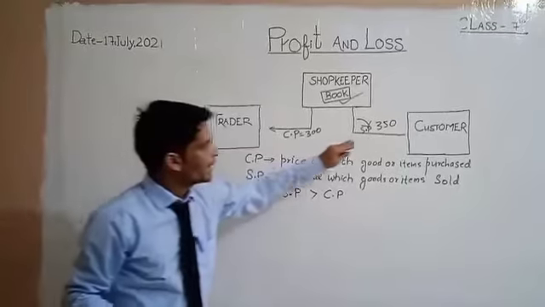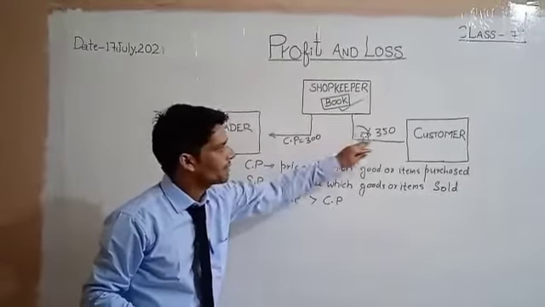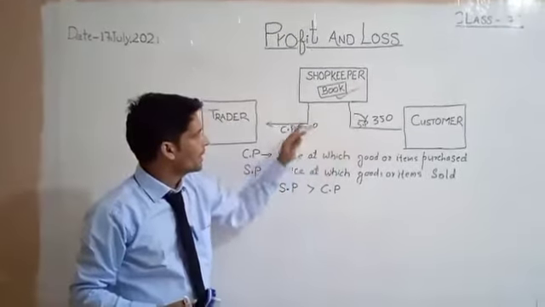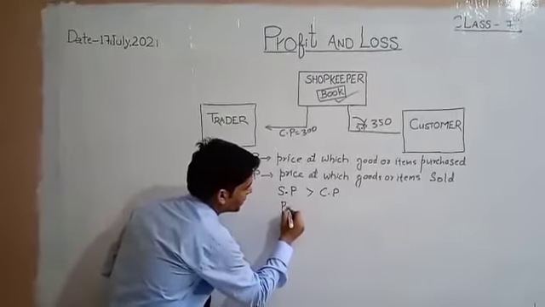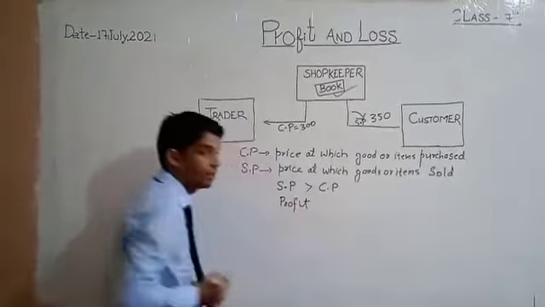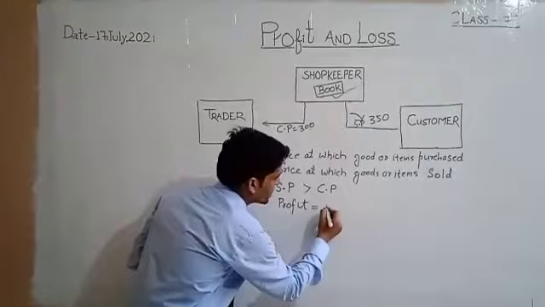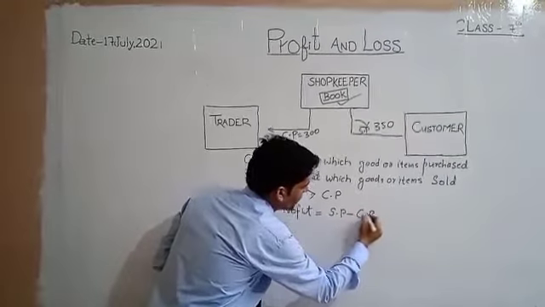Here the selling price is greater than cost price. If your selling price is greater than cost price, you got profit. How is the profit calculated? Selling price minus cost price.